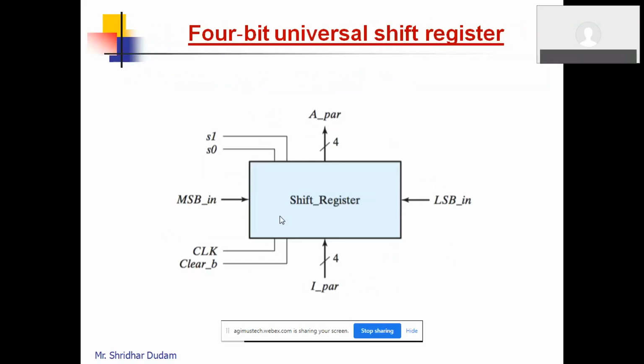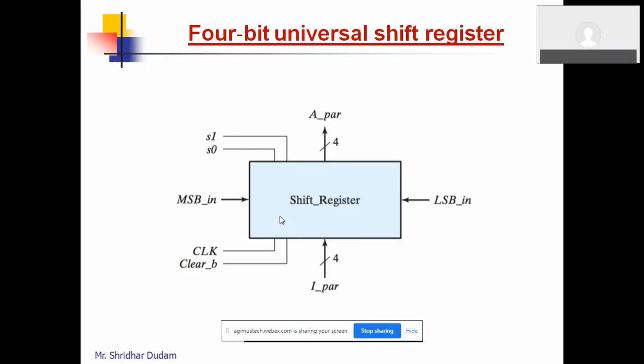The only thing is that here we have 2 mode pins, S0 and S1, to select the different modes of the shift register. Then there is the clock, and for serial input and serial output there are LSB in and MSB in, so through that we can also use it as serial in, serial out.